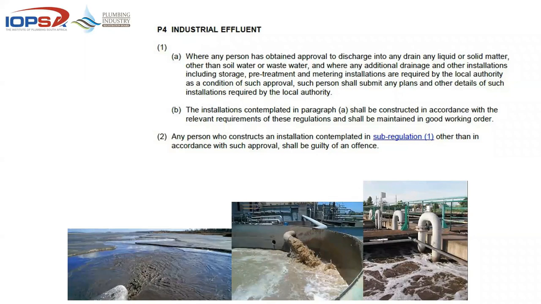The installation contemplated in paragraph A shall be constructed in accordance with those requirements and shall be maintained in good working order. Any person who constructs an installation contemplated in sub-regulation 1, other than in accordance with that approval, shall be guilty of an offence.